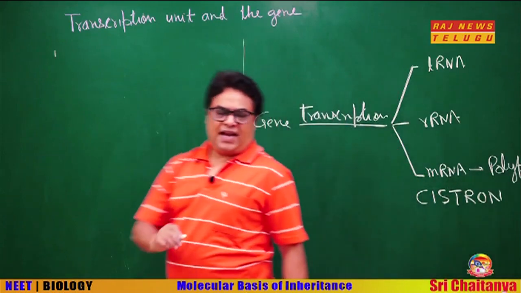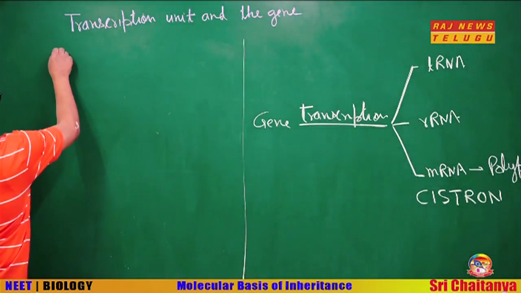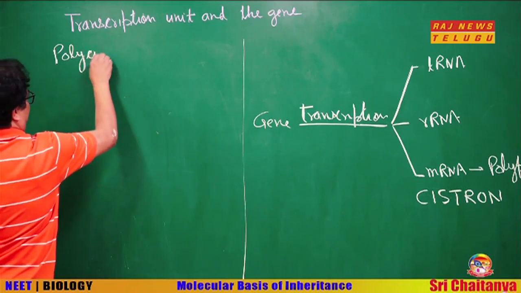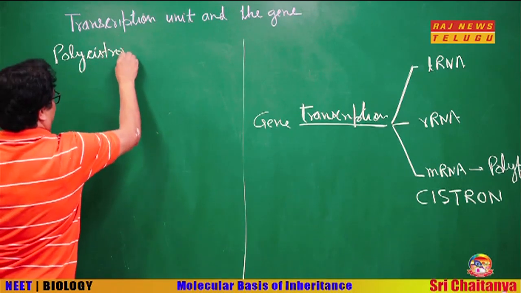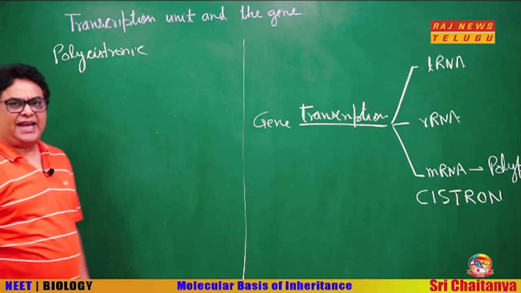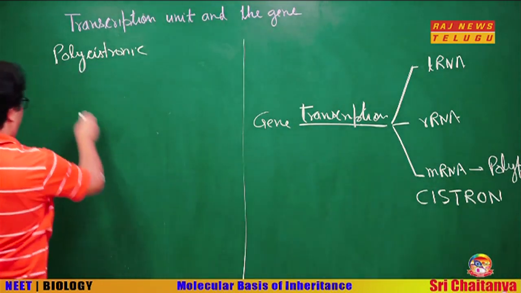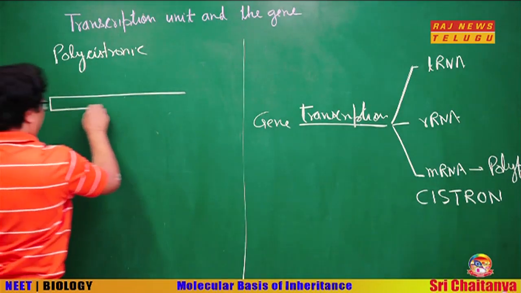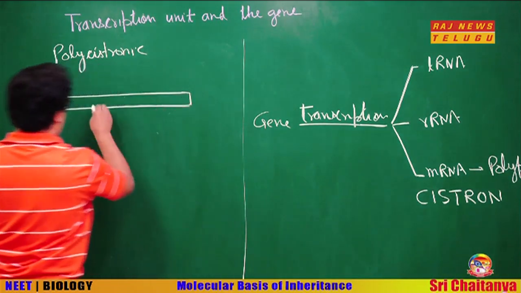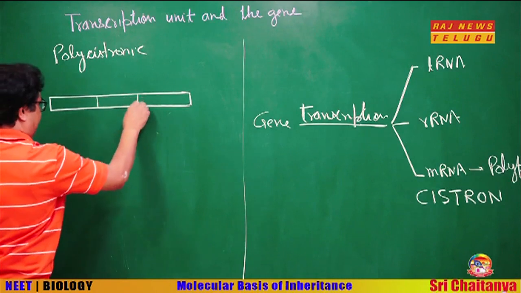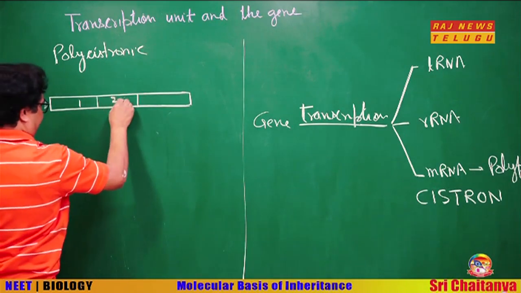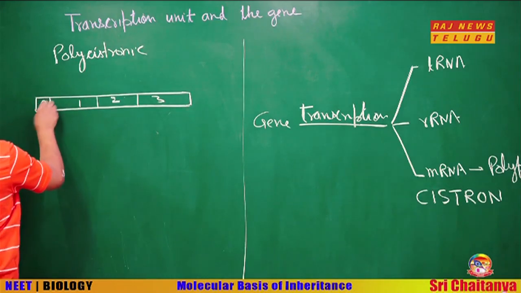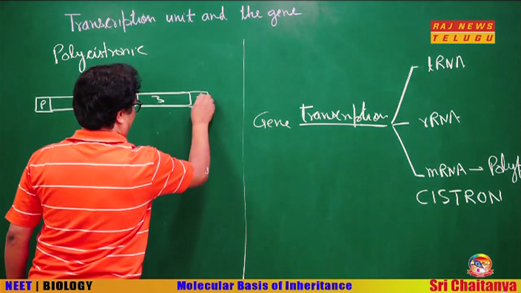Now, another thing that we are going to do, polycistronic. You see, in bacteria or prokaryotes, usually what happens is that more than one structural gene is present together and they have a common promoter and terminator.